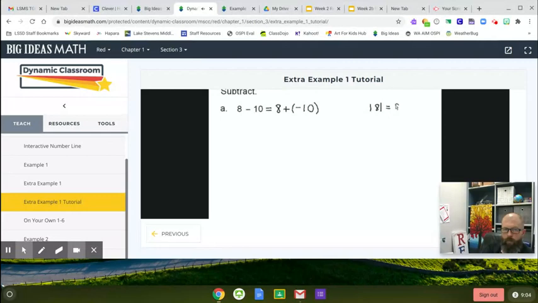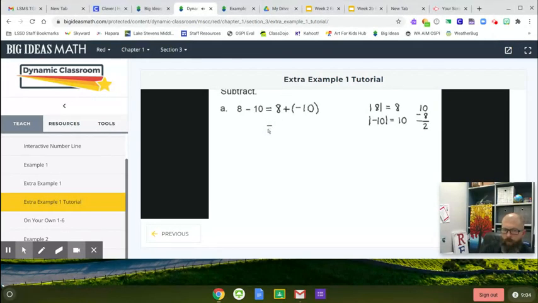What we need to do is subtract the lesser absolute value from the greater absolute value. 8 is less than 10, so we'll subtract 8 from 10. This gives us 2. So our answer has 2 in it, and then we need to figure out the sign.